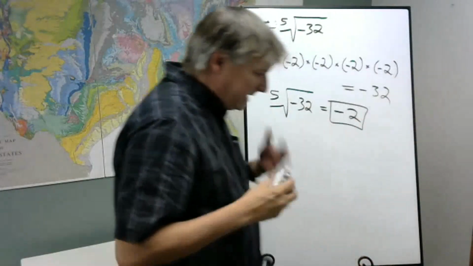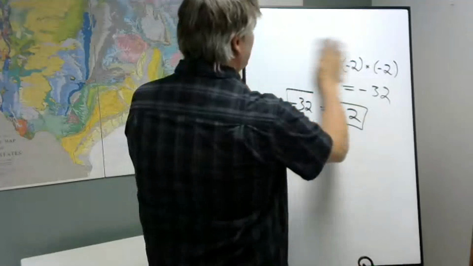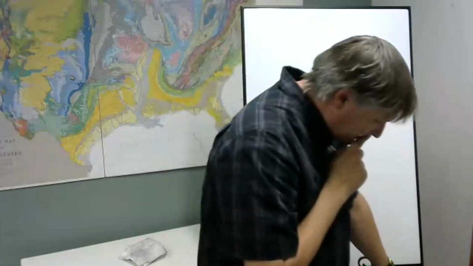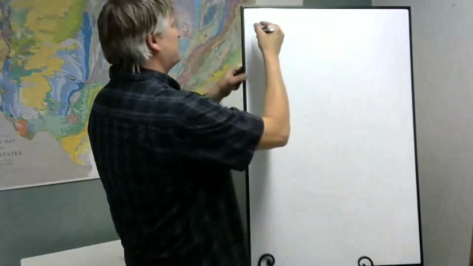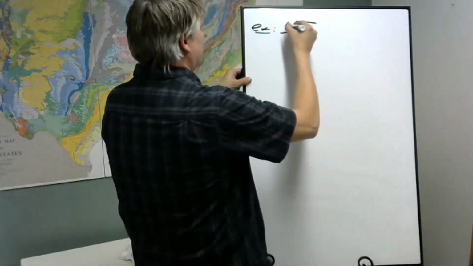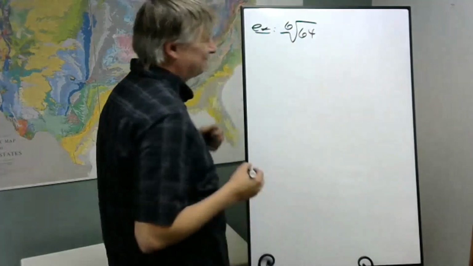So we can do even roots of positive numbers. Do another one like that. Let's say we do the sixth root of 64.